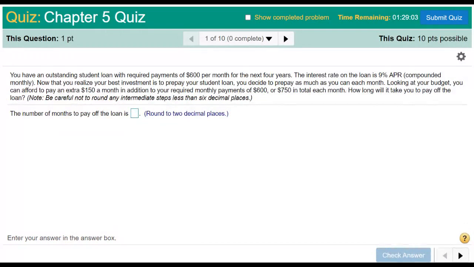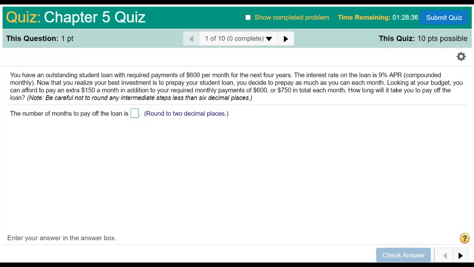The first thing we got to do is get the amount. So we know that we have to get the future value of this. N equals 48 because it's 4 years. IY equals 9 divided by 12.